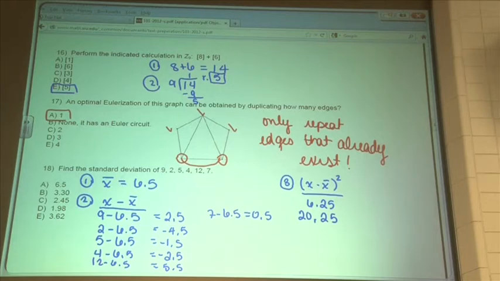Negative 1.5 squared gives us 2.25. Negative 2.5 squared gives us another 6.25. 5.5 squared, 30.25. And then last but not least, 0.5 squared gives us 0.25. Add those up.